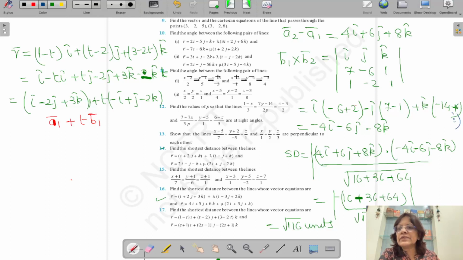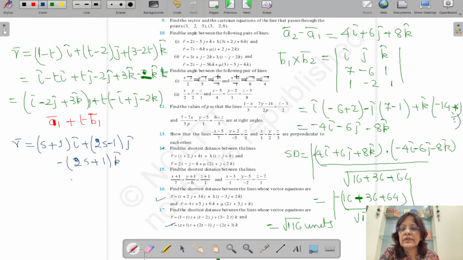Similarly, the second equation is r is equal to (s plus 1)i plus (2s minus 1)j minus (2s plus 1)k.